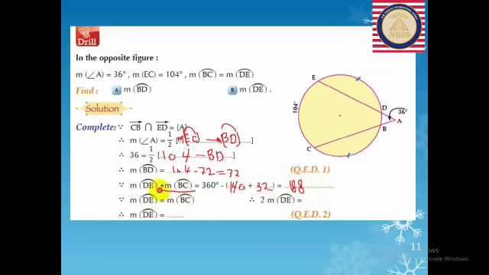Okay, both the two arcs. But the two arcs are equal, and I want one arc, so I'm going to divide 188 by 2. So it equals 94. Okay? It's an easy one.